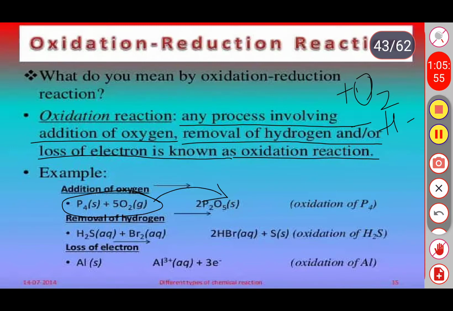Next one, removal of hydrogen. Either the addition of oxygen or removal of hydrogen is called an oxidation reaction. So in the first example, we add oxygen to the phosphorus and get phosphorus oxide as a product. So that is addition of oxygen. In the second one, removal of hydrogen. When hydrogen sulfide is combined with bromine, what do we get as the product?